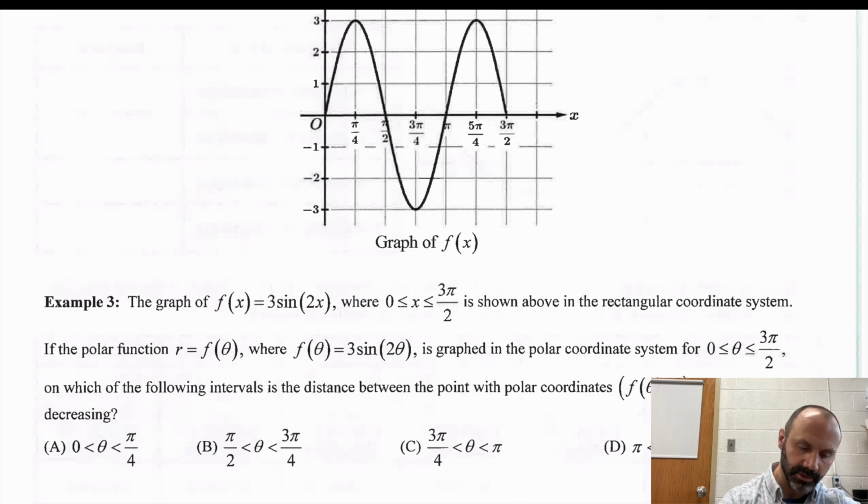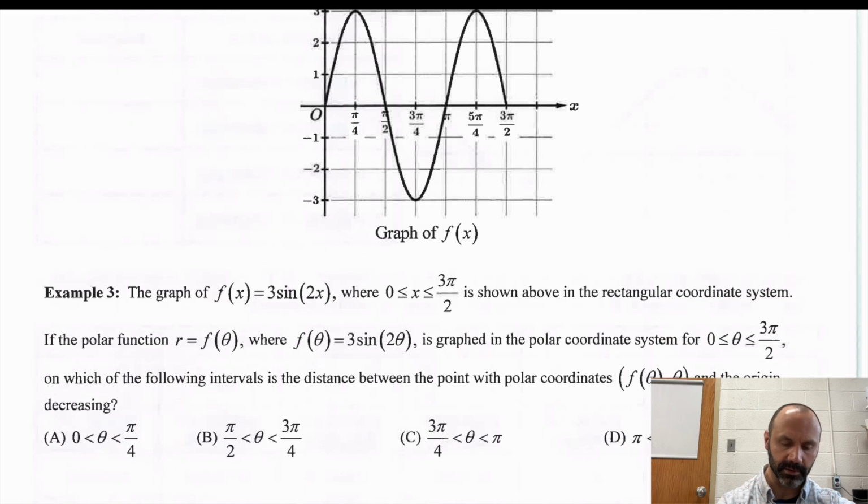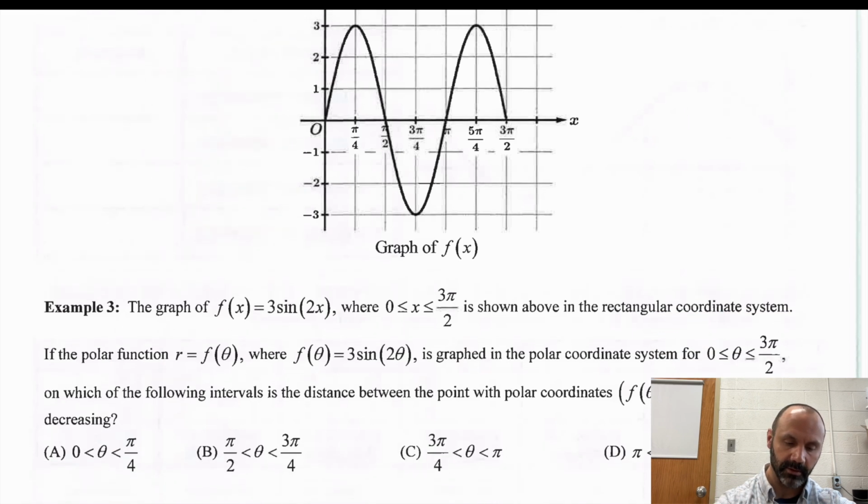From 0 to pi over 4, it's getting farther from the x-axis, which means that in the polar coordinates, it would be getting farther from the origin. Pi over 2 to 3 pi over 4, nope, it's getting farther away, right? Getting farther from the x-axis, which would mean that in the polar coordinates, it's getting farther from the origin as we trace out that line.